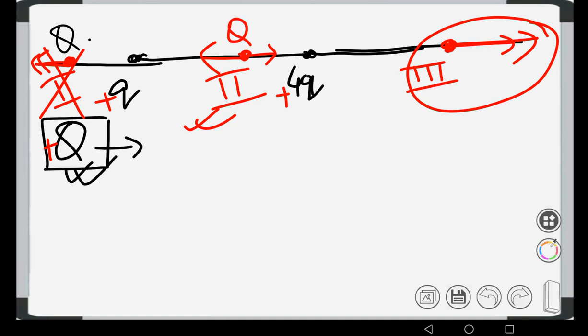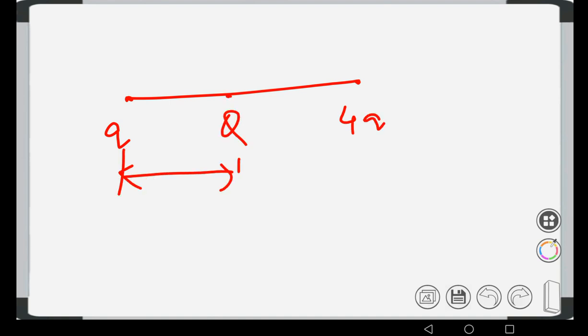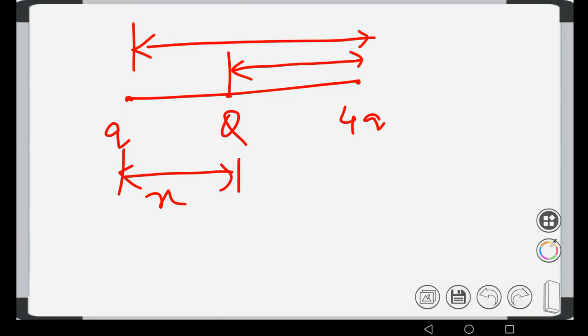Suppose we draw it again just to find out the exact position: q, 4q, and we have kept capital Q here. Now suppose this distance is x, and the total separation between small q and 4q is a, then this is a minus x. Now what do we have to do?